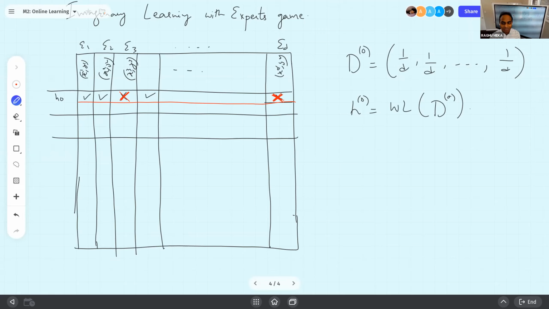And I want to do this using the learning with experts framework. So let's say I want to give some losses which will make me do this. What should I give losses to? The correct examples? Exactly. So here are my losses: the correct examples will get a loss of 1, and the wrong examples will get a loss of 0.